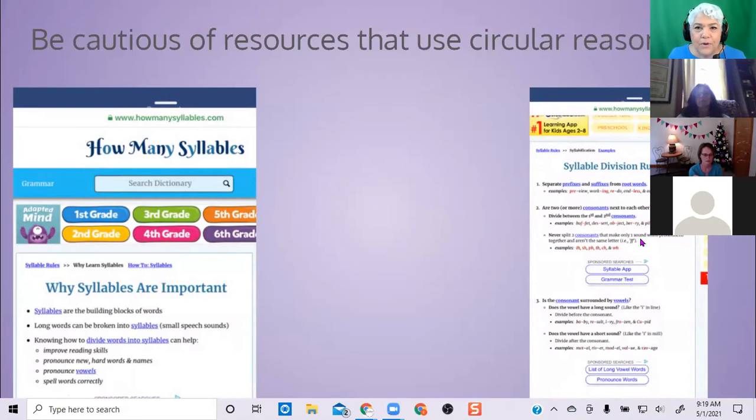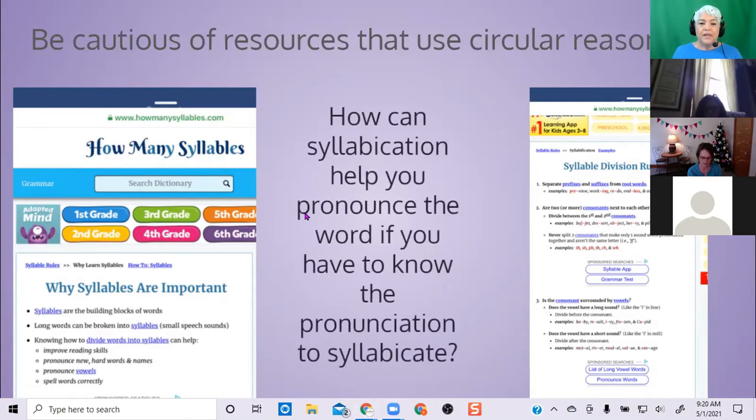Well, how do you know to syllabicate if you don't know the word? How can it help you to pronounce the word if you don't know how to syllabicate? It's the circular issue here where syllabication cannot depend on the pronunciation of the word. Syllabication is to help you get to the pronunciation of the word.